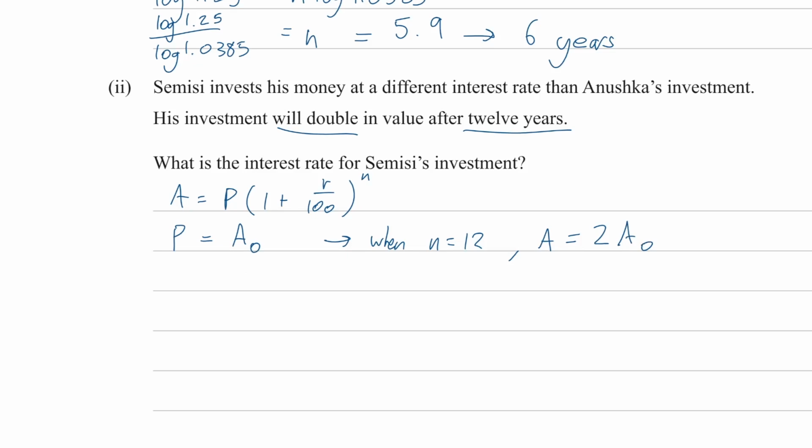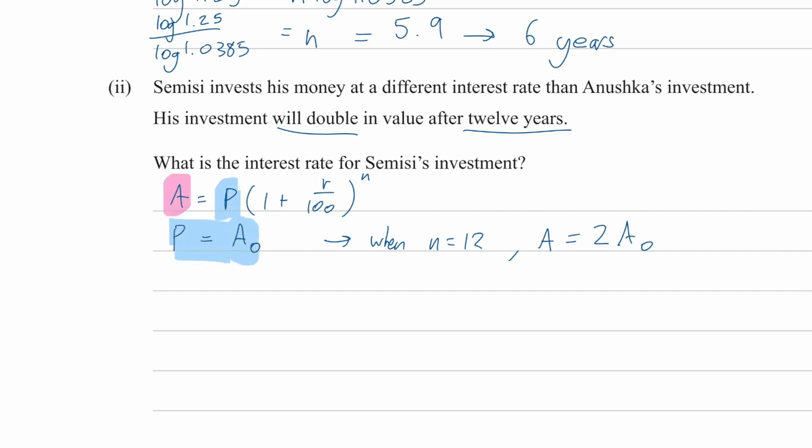So here we've set up the problem. I've introduced this variable A0 just to be Semesi's initial amount. And we know when n is 12, so after 12 years, the total amount will be twice the initial amount. So what I can do now is, instead of P, I can put A0.